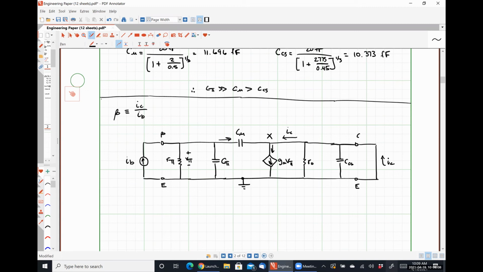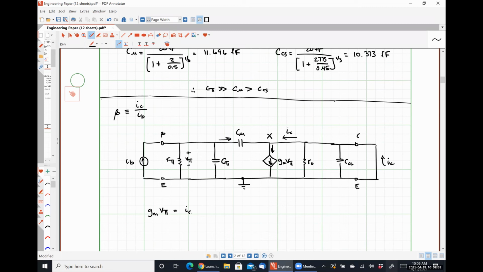So I can say that GM times V pi is equal to my collector current IC plus that current on the left flowing through my capacitance C mu.